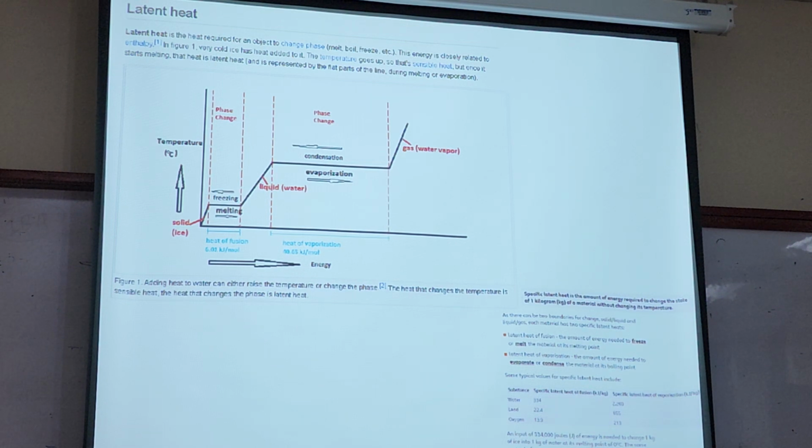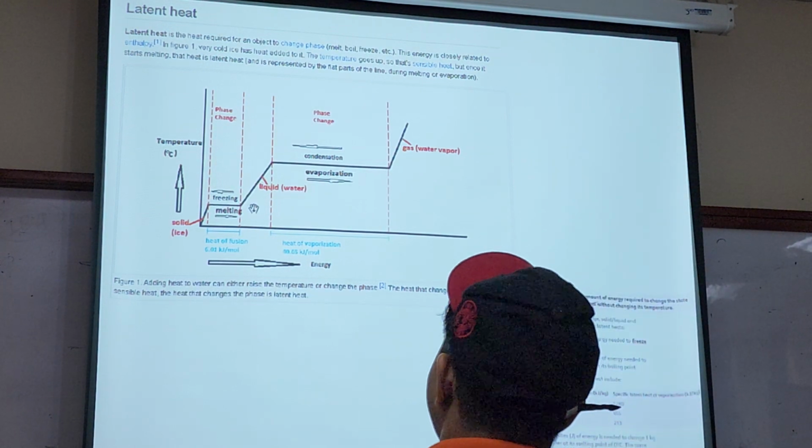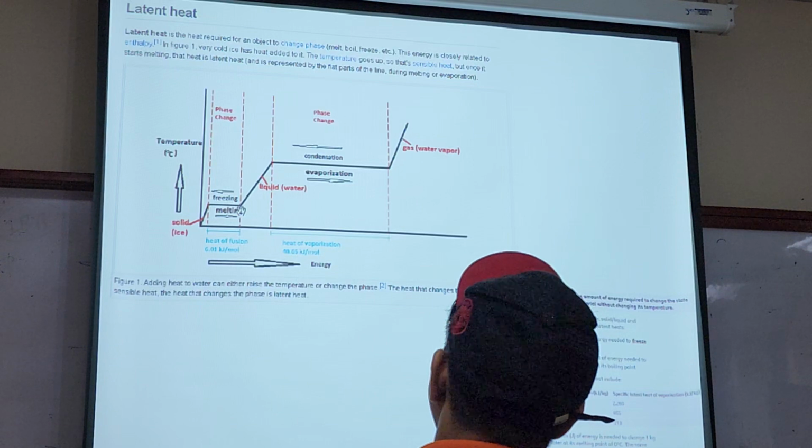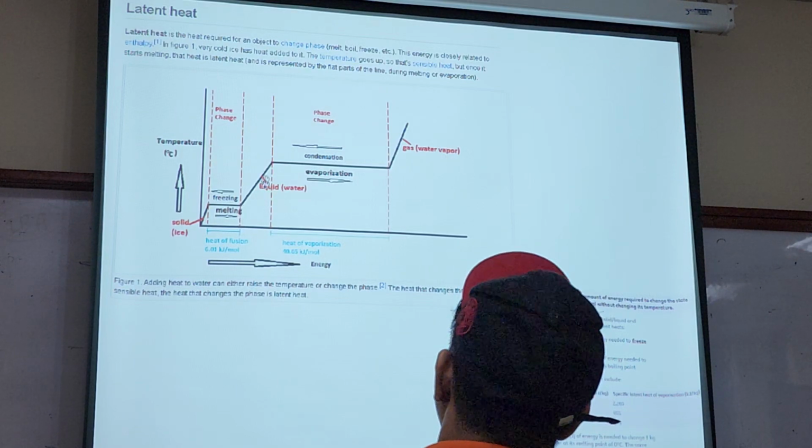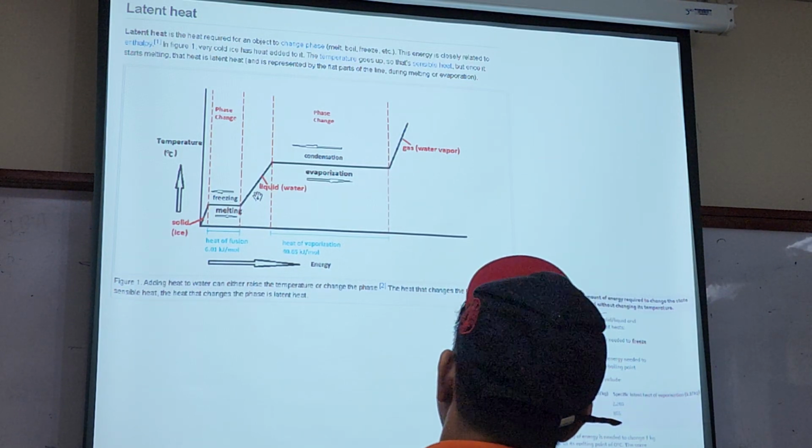It keeps on absorbing the energy, but when you measure the temperature, it's not increasing. Because the bonds, remember the bonds earlier? As long as the bonds are absorbing all the energy, then you are not going to see any increment in temperature. So this is why the graph here becomes flat. The moment that has been satisfied, then only will you change phase from the ice to liquid, and then the liquid will start to absorb the energy again.